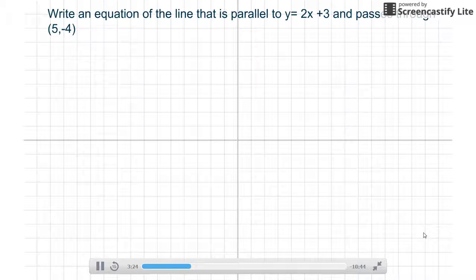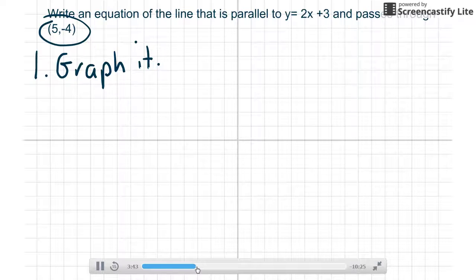Alright, the next thing you may have to do is write an equation of a line that is parallel to y equals 2x plus 3, but it has to pass through this point right here. You would just start at this point, this 5, negative 4. So 5, negative 4, right here.